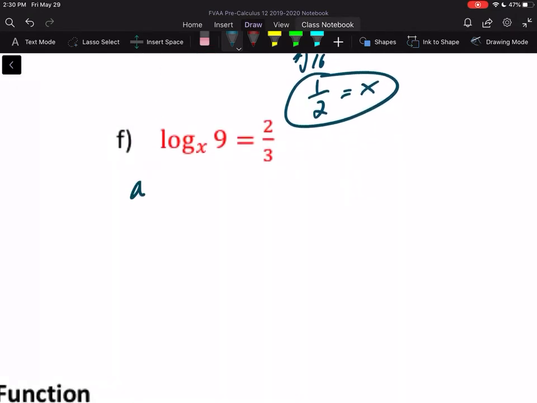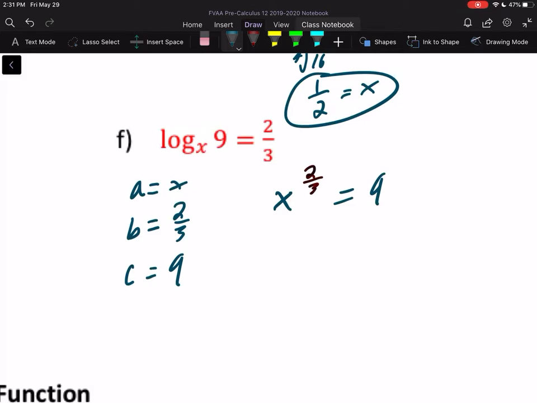And last one here, a I do not know. A is equal to x. B is equal to 2 over 3. And c is equal to 9. So I get x to the 2 over 3 equals 9. In this scenario, you can change this up for the roots.